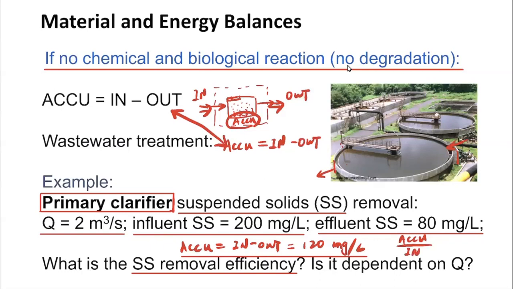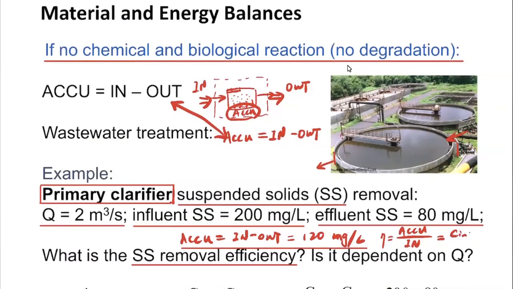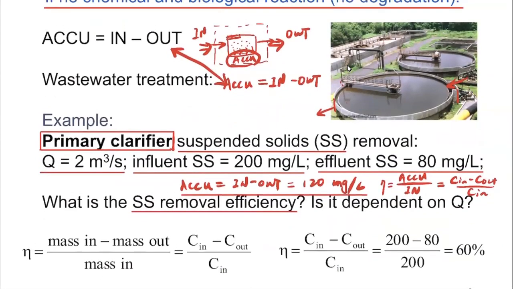This is the eta term, which you can also write as the concentration in minus concentration out, divided by the concentration in. Plugging in the concentrations, 200 minus 80 divided by 200, you get an efficiency of 60%. This is how we calculate the removal efficiency for a primary clarifier using mass balance, because there's no chemical reaction, so the accumulation is just the inflow minus the outflow.